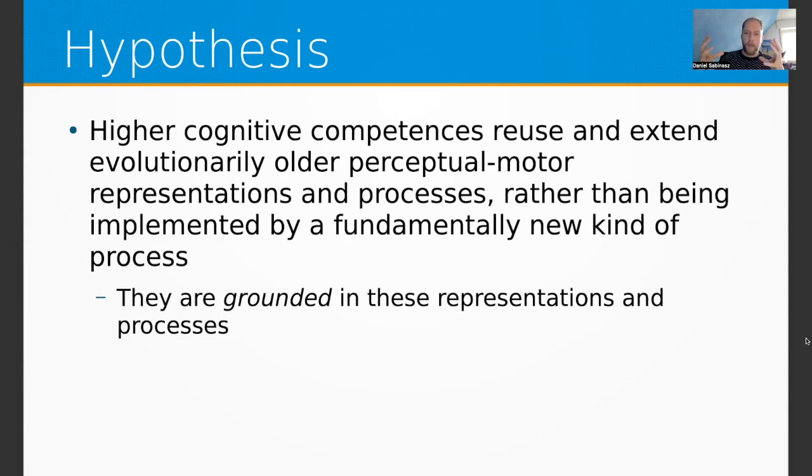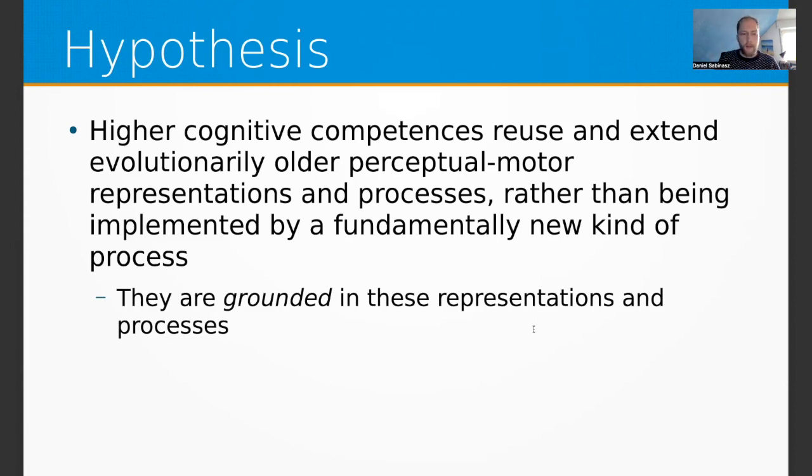In doing so, it reuses representations and processes that are evolutionarily older, and that is then extended, or let's say orchestrated in a particular way, that can account for how we reason, how we understand or produce language, how we plan, and so on.